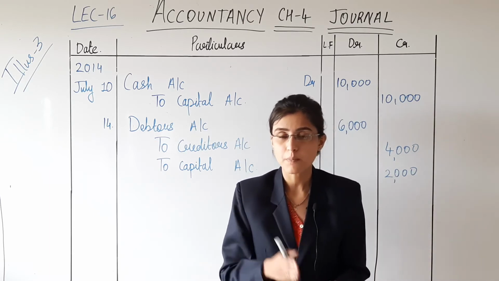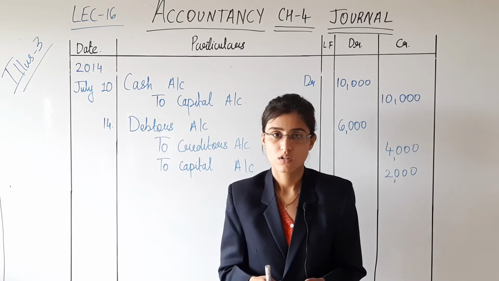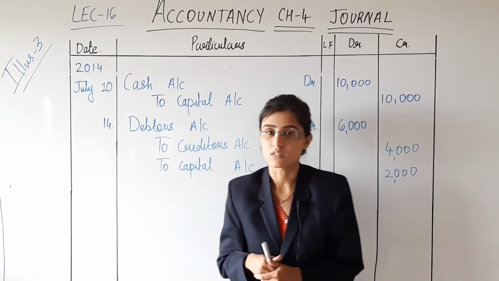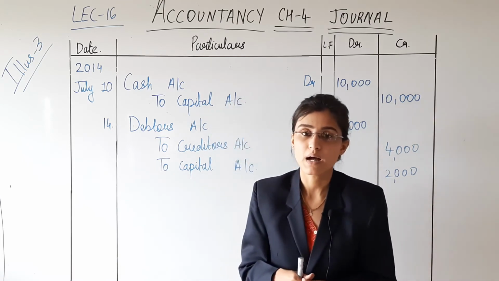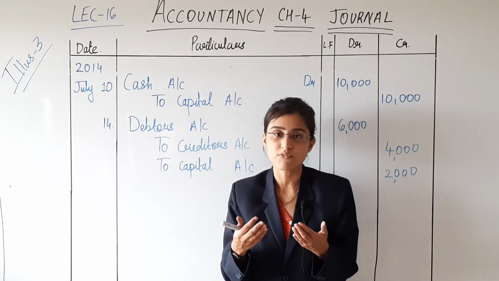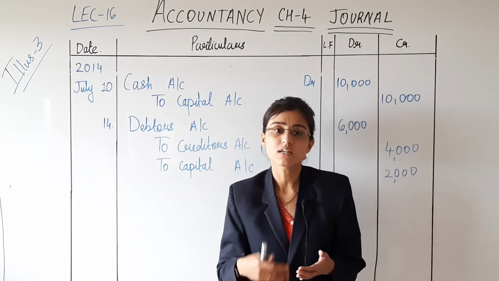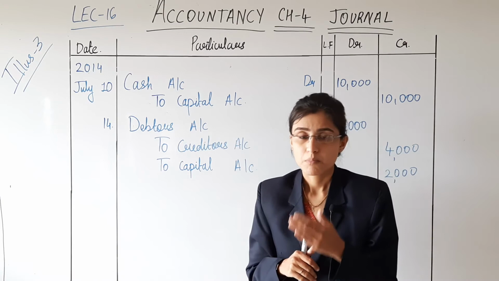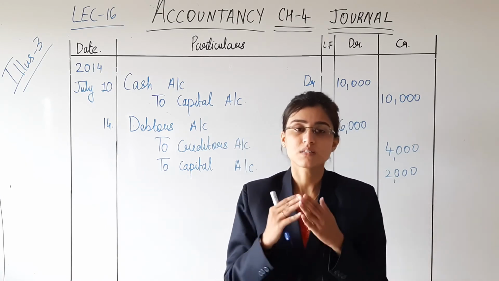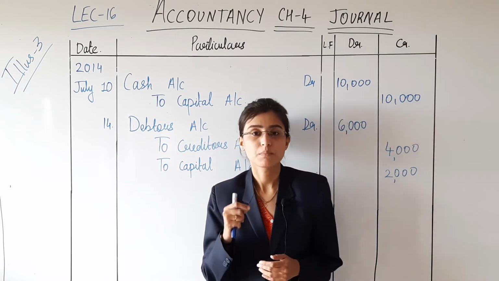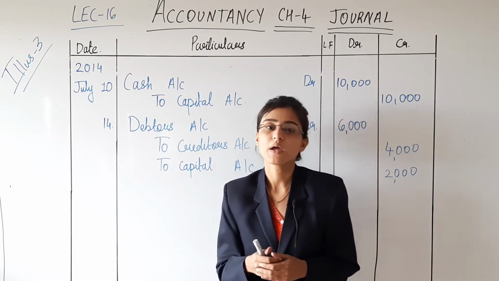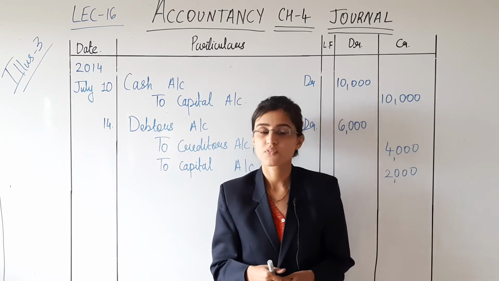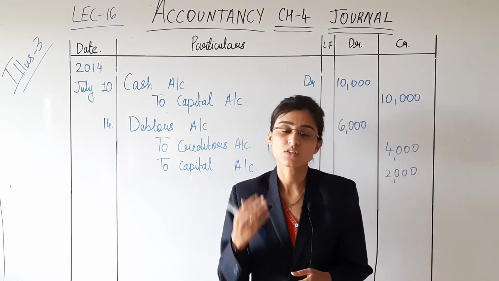Income tax is a personal expense of the owner, and here they say that it is paid. Now, you might be thinking, ma'am, it is not instructed that it is paid from business. They have just written that it is paid. But if it is given here, that simply means that it is paid from business. If it was not paid from the business, then they might not have given you this transaction here.